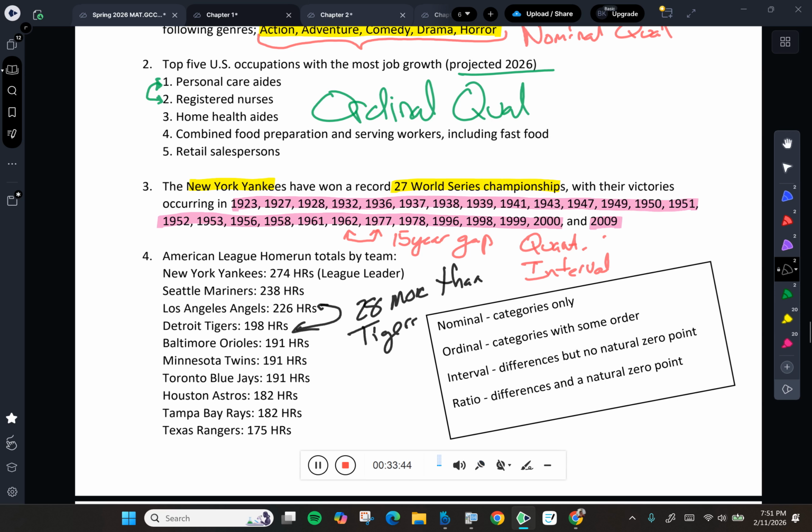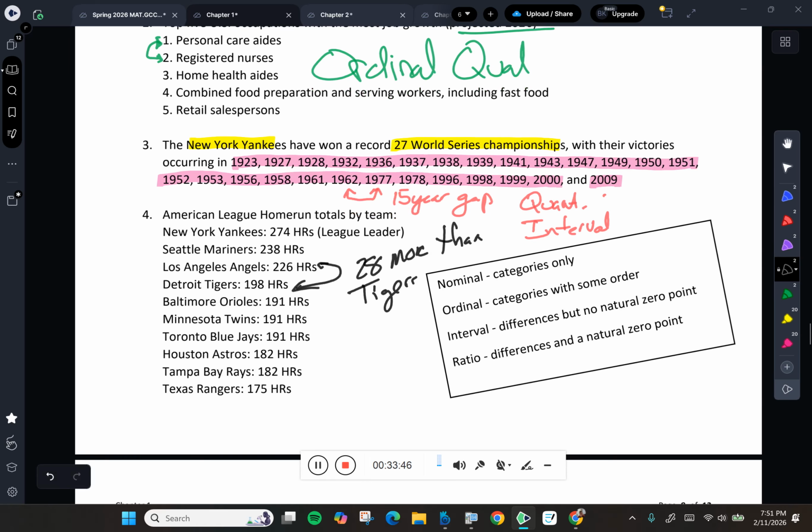I know that isn't here, but let's say that there was a team down here, I don't know, the Big Boys or something. I don't know team names. And let's say that they had 113 home runs. Let's just pretend there was, and I'm doing this to make the math easy. Could I look at the Angels and say that the Angels had twice as many home runs as the Big Boys did?